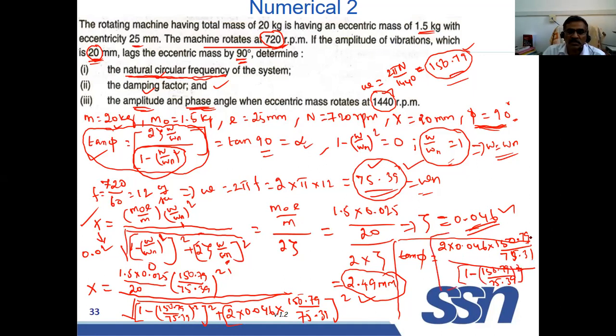So using this, you can find the value of phi. It is 176.5 degrees.